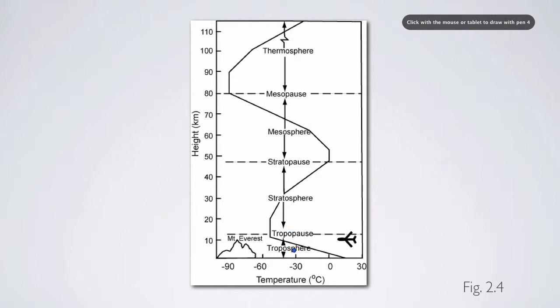So the tropopause is between the troposphere and the stratosphere, the stratopause between the stratosphere and the mesosphere, and they also show temperatures. So you can see within the troposphere, the further up you go, it gets colder and colder and colder. But as you enter the stratosphere and you continue to go higher, it actually gets warmer. So the density of air is less and less and less, but the temperature of that air actually continues to go up.